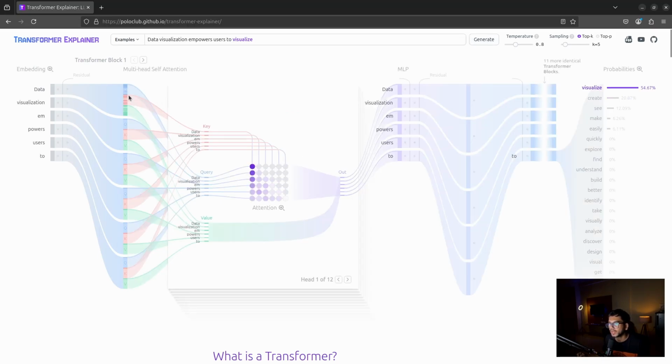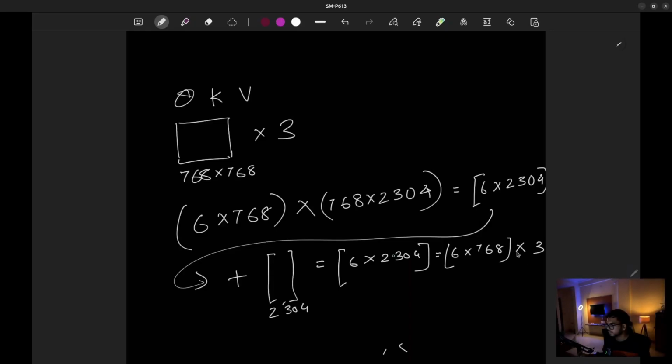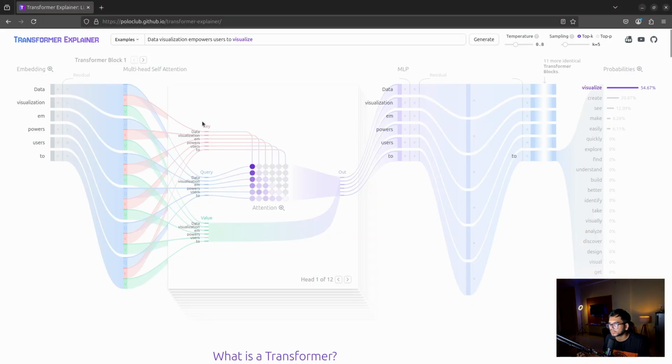After this, what happens here is the attention head. Before going into the attention head, it creates the key, query, and value for each token, and we got this matrix, which is shown here. First, we have 12 heads here. This is the first of the 12 heads.